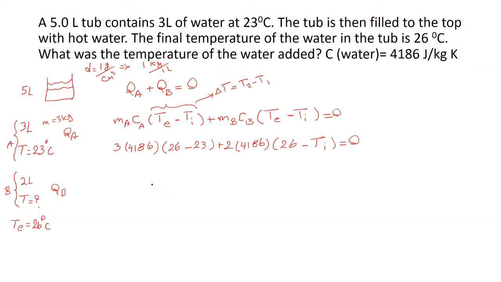Okay, so right now we just need to do the calculation. Multiplying and simplifying everything, then we get 25 5 3 4 6 equals 8 3 7 2 Ti.